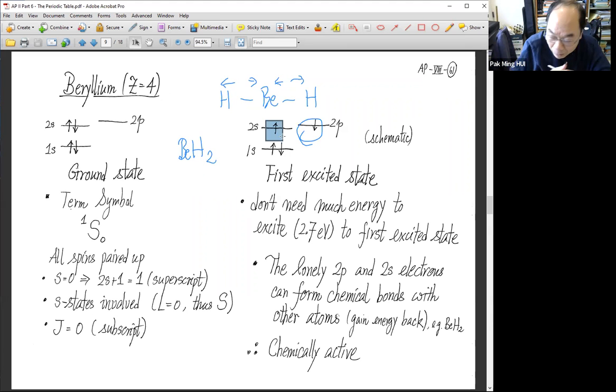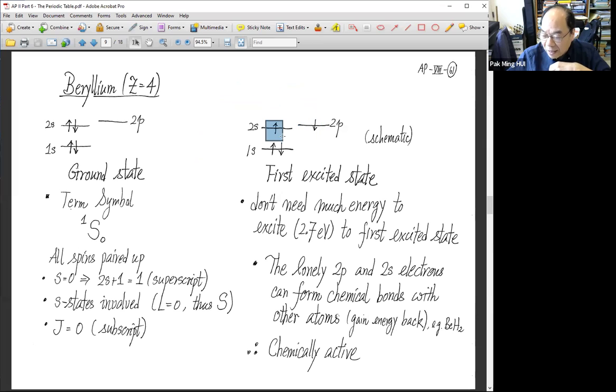Okay, so what happened there? Maybe some of you already heard about this idea. I don't know whether you heard about this term before. It's called hybridization. In the example I just mentioned, you will see later on, it has to do with sp hybridization.